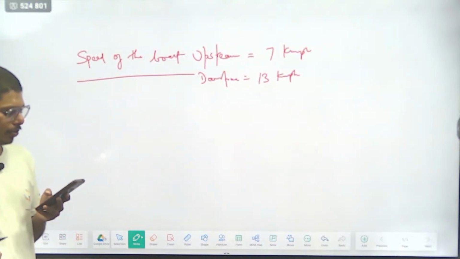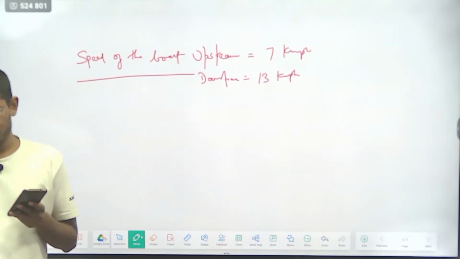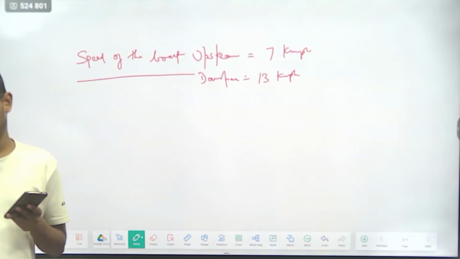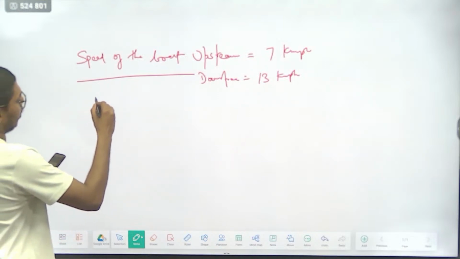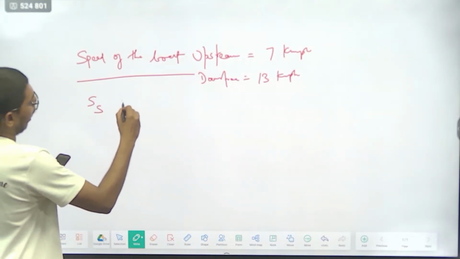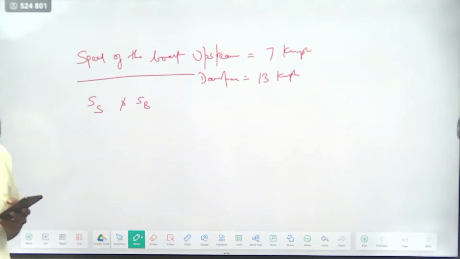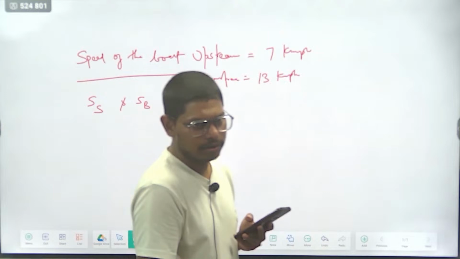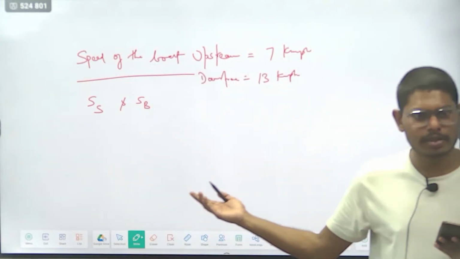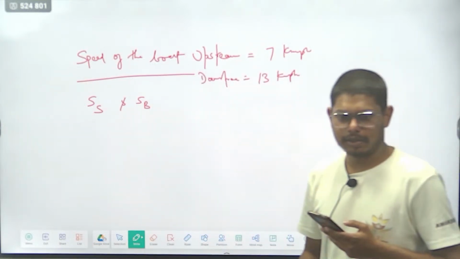Then what is the speed of the stream and the speed of the boat in still water? It's clearly visible: 10 minus 3, 10 plus 3.